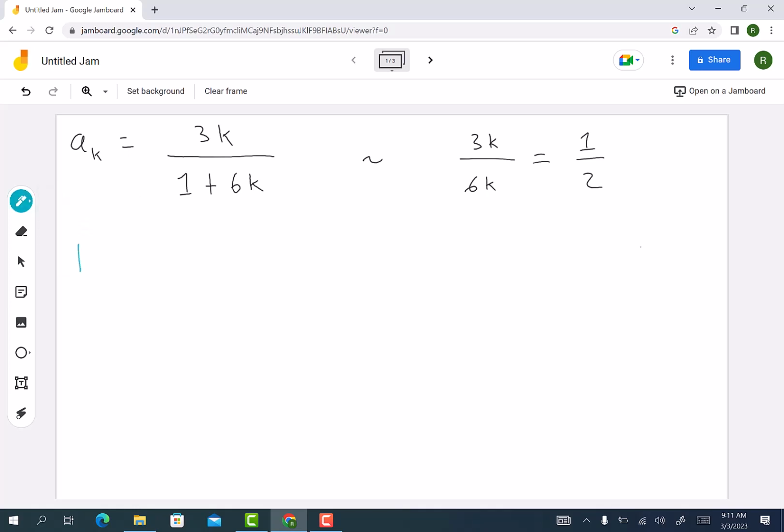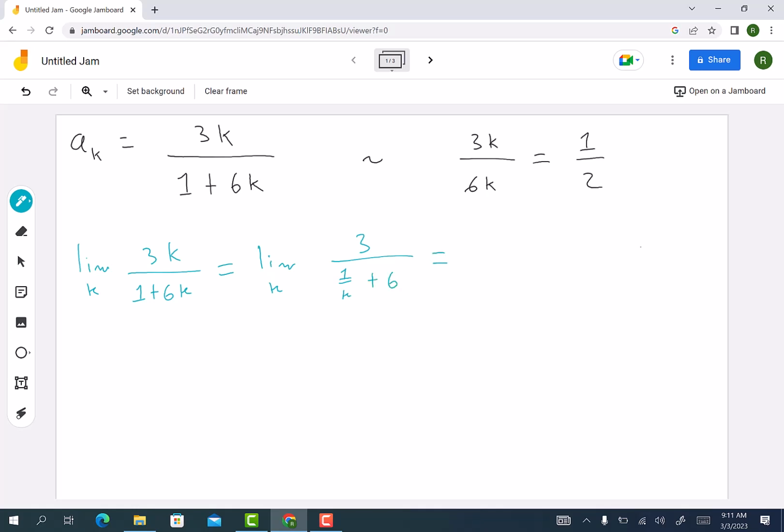The first way I want to compute the limit is the limit of a_k as k goes to infinity. I've got 3k over 1 plus 6k. The first method, I'm just going to divide the top and bottom by k. So I'm going to get 3, and then in the bottom I'm going to have 1 over k plus 6.